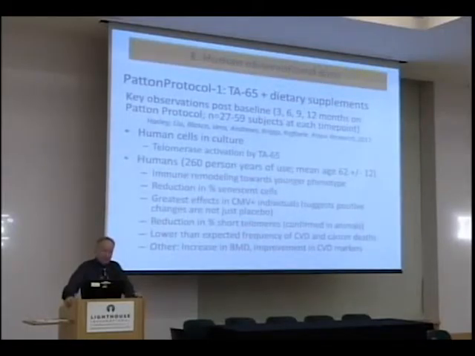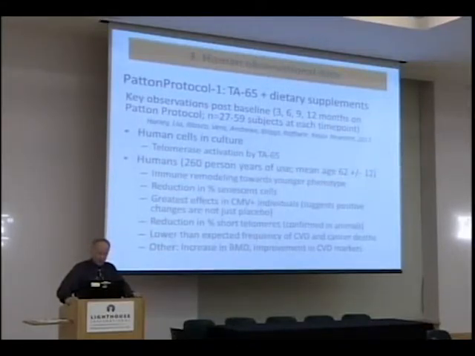And then we looked at whether there was higher or lower frequency of cancer during this 260 person years, either cancer or cardiovascular deaths, and it in fact turned out to be statistically significant lower frequency of deaths, assuming that the TA65 population was same as the general population, and of course that may not be the case, but at least there was no evidence from looking at events like death or morbidity that TA65 was increasing adverse outcomes.